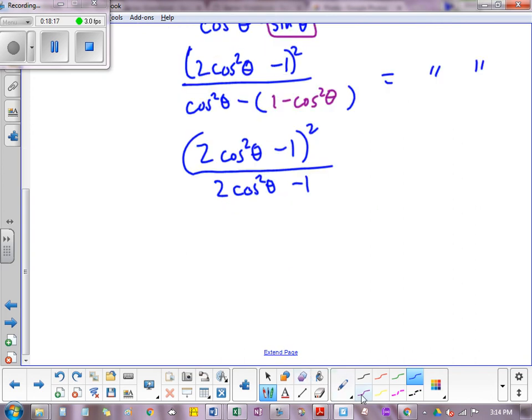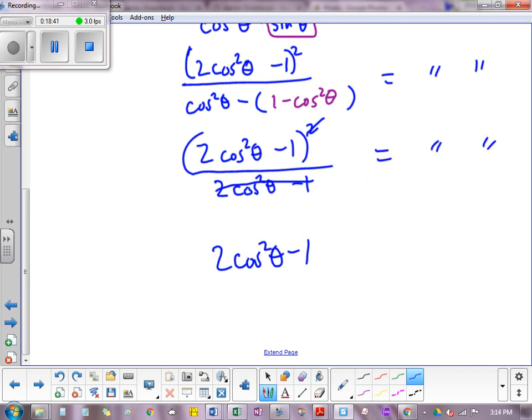So think of this as the top is like k squared and the bottom is k. What would it reduce to? It reduces to k to the first. And this is the same idea, except it's not a k. It's a 2 cos squared theta minus 1. But this still cancels one factor on top. So this all simplifies down to 2 cos squared theta minus 1.